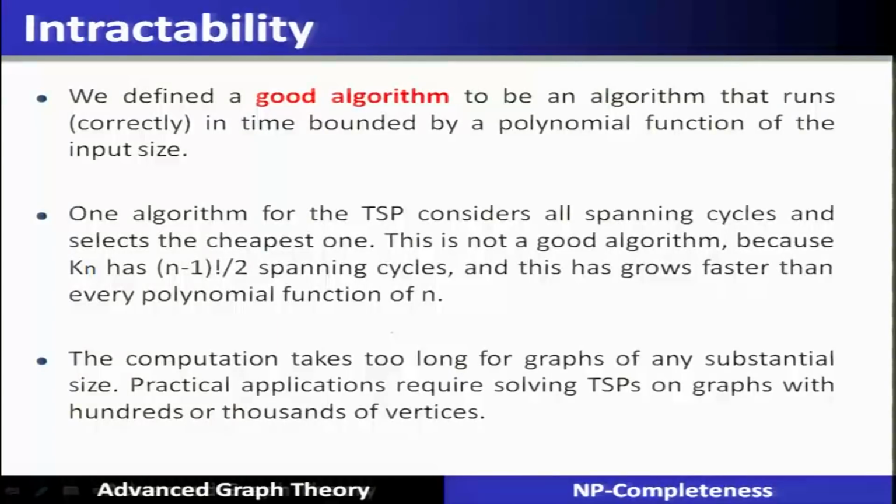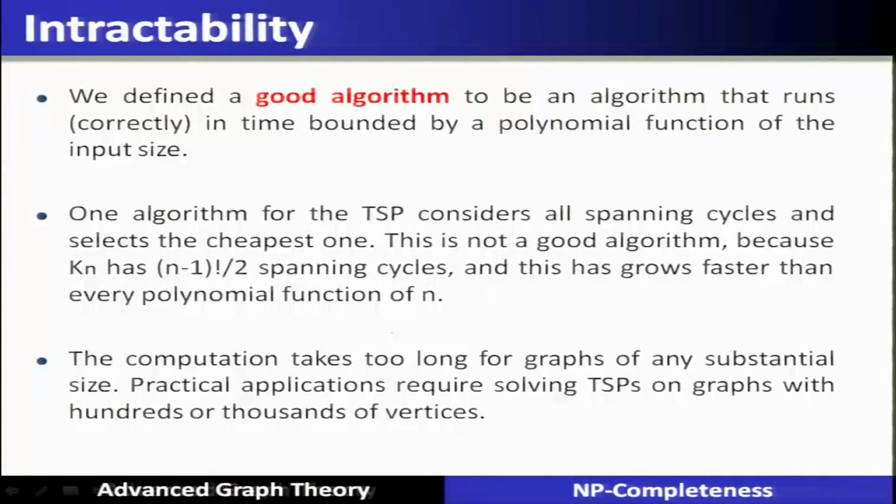Now, one algorithm for traveling salesman considers all the spanning cycles and selects the cheapest one. That is called a brute force method, and it will not be a good algorithm, because the complete graph K n of n nodes has (n minus 1) factorial by 2 different spanning cycles.